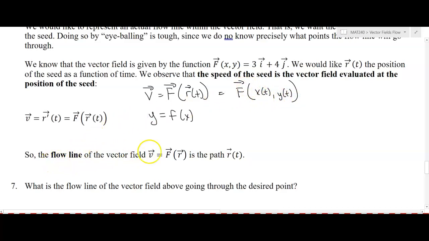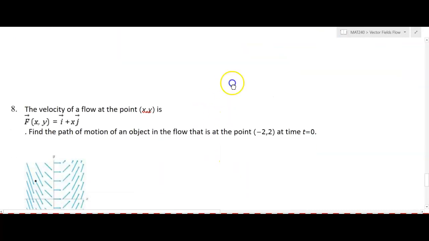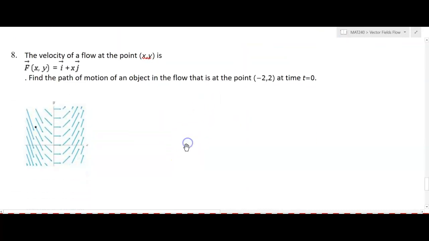So the flow line of the vector field is the path r of t. It's the actual position, which often involves integration to work backwards. So here's another example. In this case, we have an almost parabolic looking flow, so we can kind of see where that particle would go. The one thing to note here is that our function is the vector 1, x.